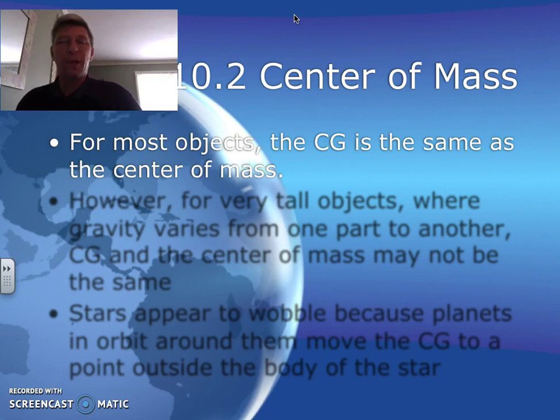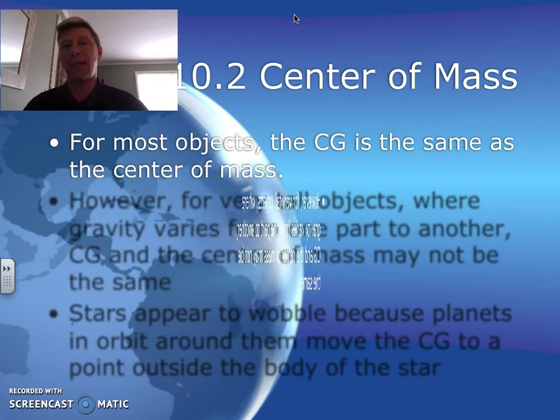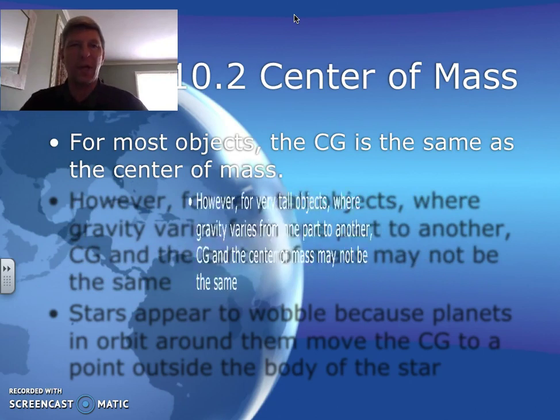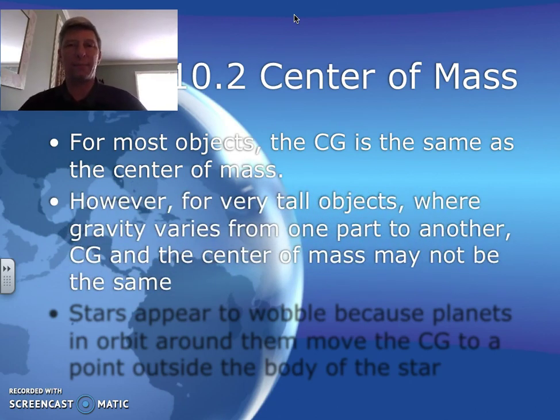For example, if you're talking about a very, very tall building, like the Empire State Building or the Freedom Tower in New York City, there is actually a small, teeny tiny difference in the location of the center of mass and the center of gravity.